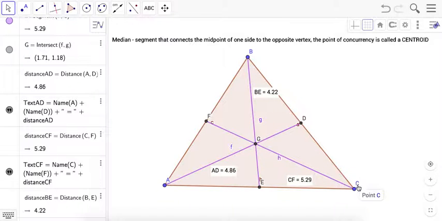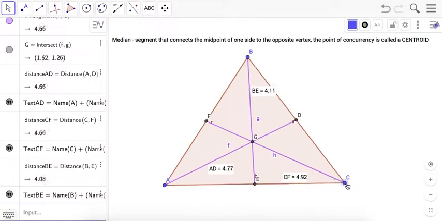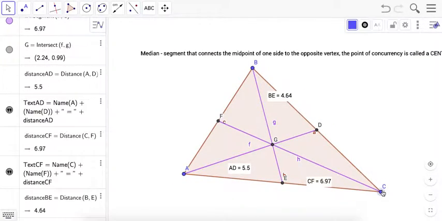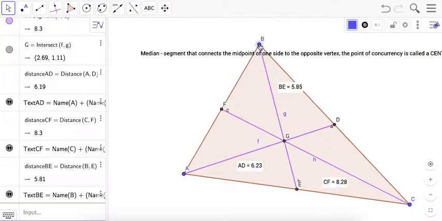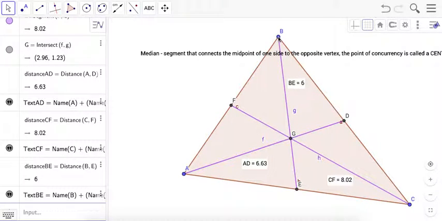But let me mess with my medians a little bit. I'm just going to make them a little bigger so we can see a little more, make it easier to see. What I want to look at is, do you see how now this median is divided into two pieces?